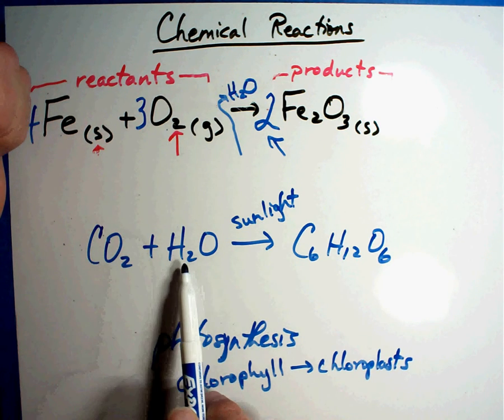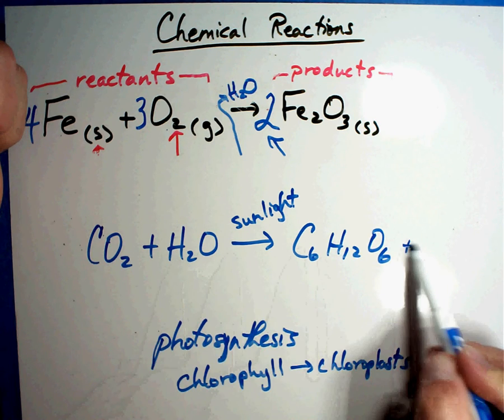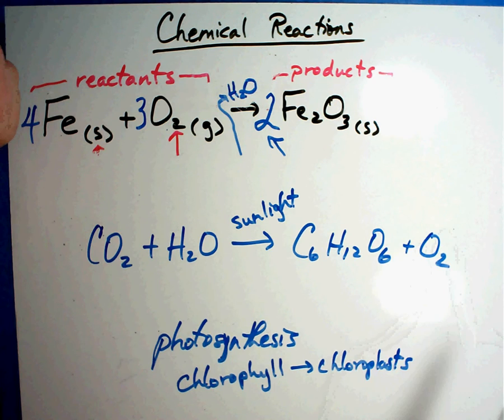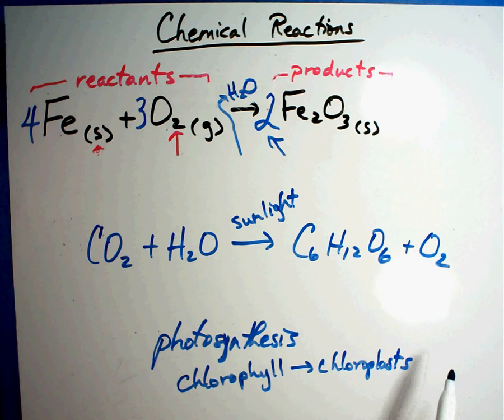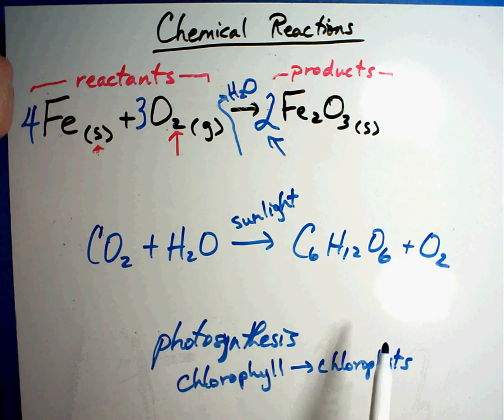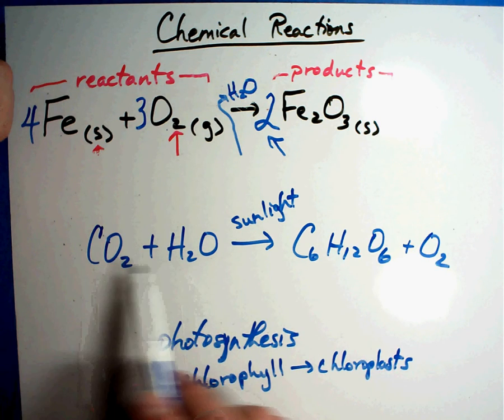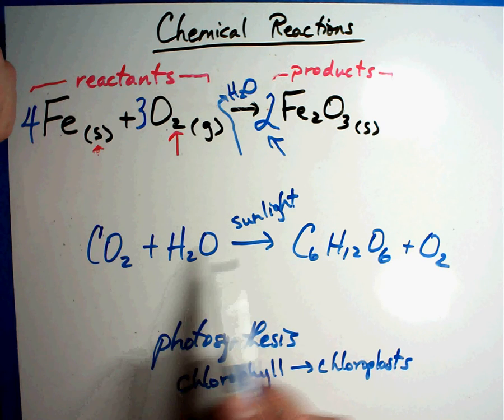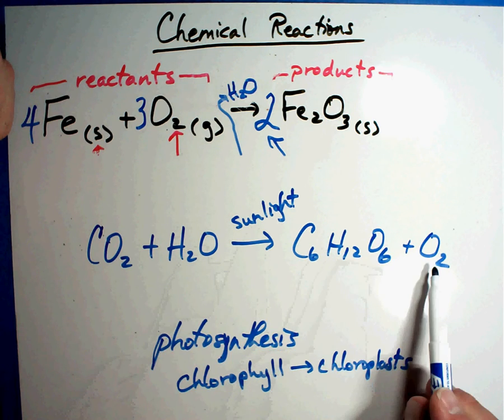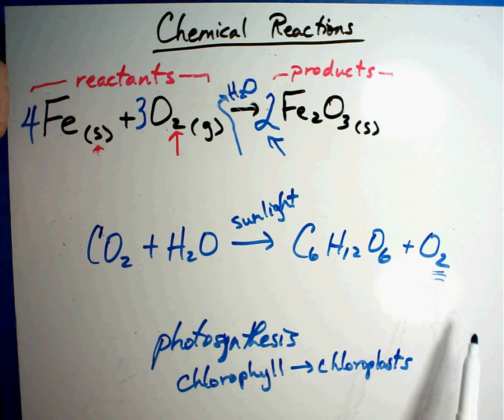And plants take in water, and they produce sugar, and they also produce for us, add that to the end of the reaction, oxygen. So that's why plants are so important to us, because they get carbon dioxide from the air, water from the soil, sitting in sunlight, make glucose, and make the oxygen that you and I need to breathe.